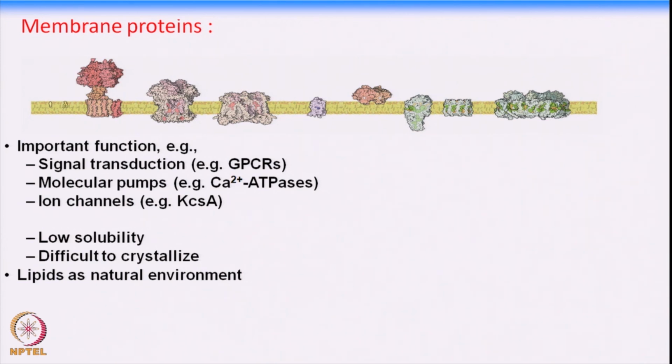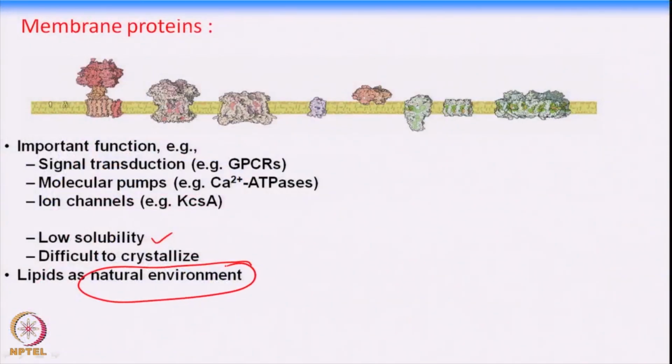Then there are molecular pumps, like the calcium pump, potassium pump and others, or ion channels. These are all membrane proteins and they are also very important for many in the pharma industry, but they are difficult to solubilize, and therefore in a typical conventional way the protein-ligand interaction study becomes difficult because they are membrane embedded.